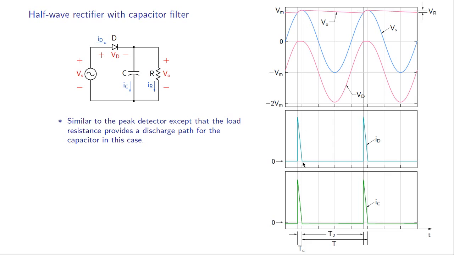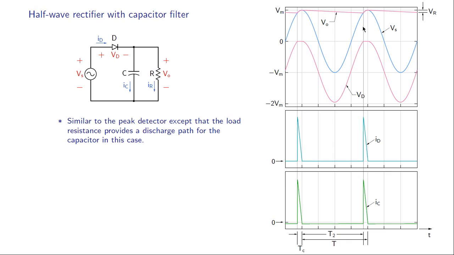And when the diode is not conducting, we have only this circuit. By this time, the capacitor has already charged to Vm, and now the diode has stopped conducting. So what happens is the capacitor starts discharging through this resistor, and that is why we see a drop in Vo.